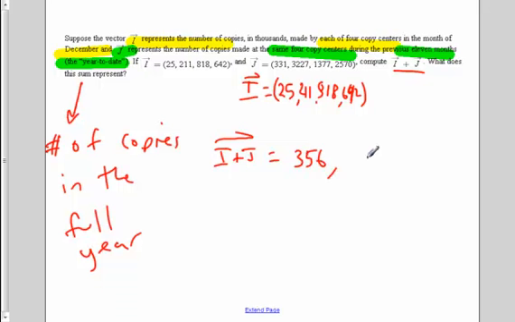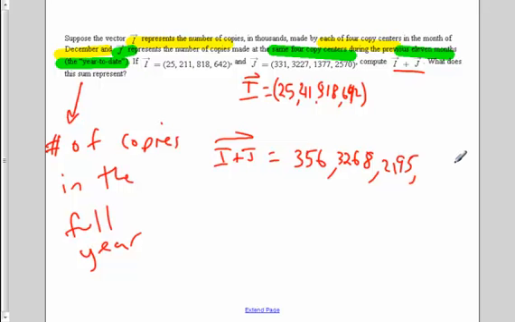356, and then here, now we're adding the third entry. And now the last entry.